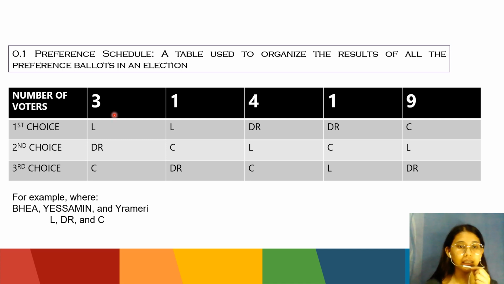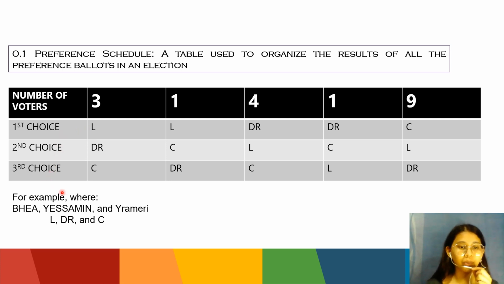Now, this is what a preference schedule looks like. It is a table used to organize the results of all the preference ballots in an election. You may wonder why there are numbers on the table instead of names. It is because some of the voters have the same votes on their first, second, and third choice.